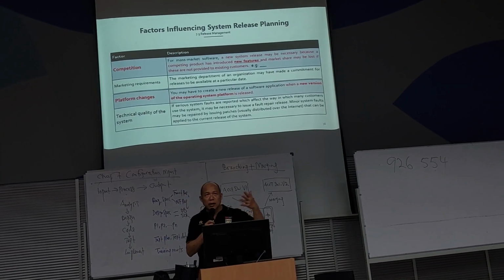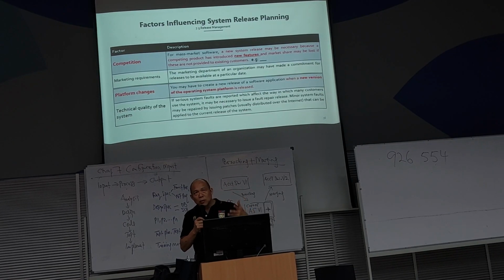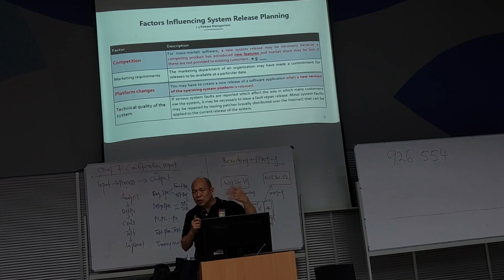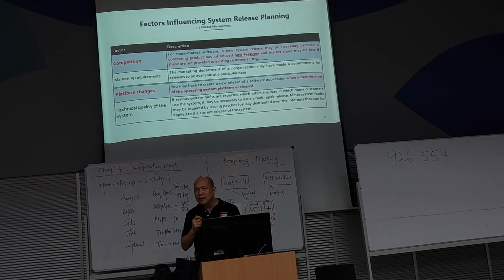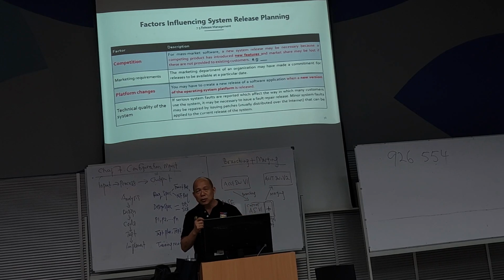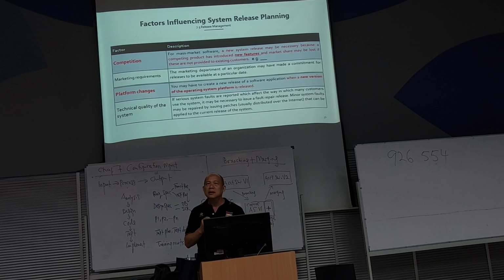You may have software that runs on iOS. And the latest operating system is Harmony OS, so you may also need to create a version that runs on Harmony OS.